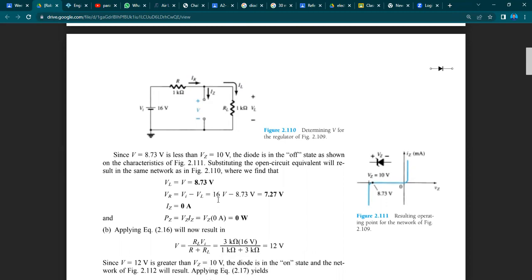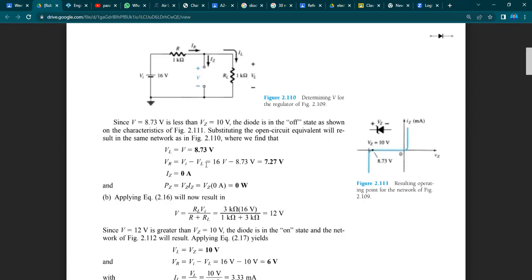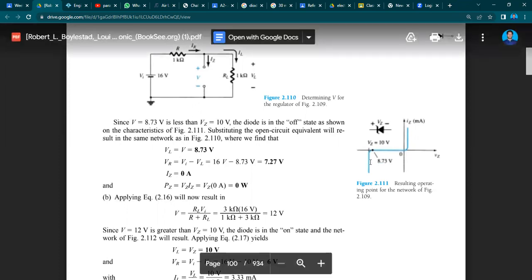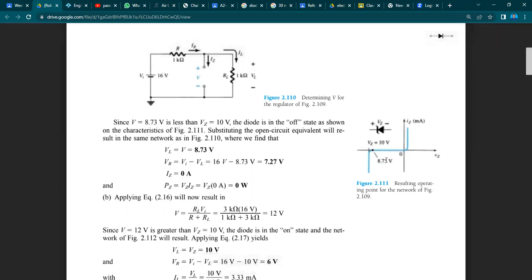As I've told you before, the Zener diode only starts working when its breakdown voltage is reached. You can see from this graph that its breakdown voltage is 10 volts, and the voltage here, which is known as V, is 8.73 volts.